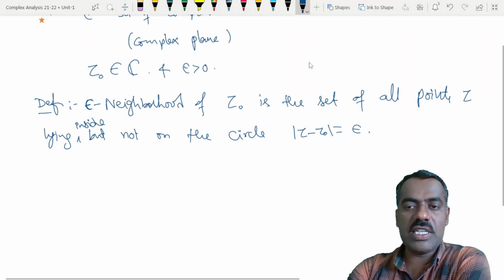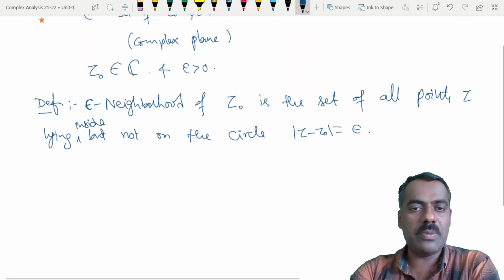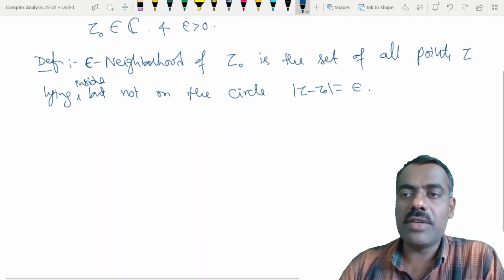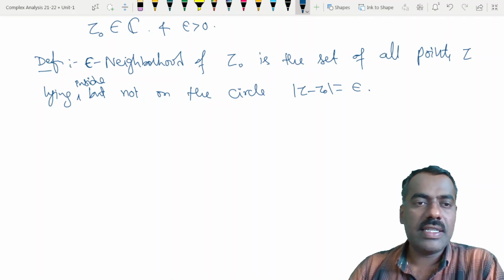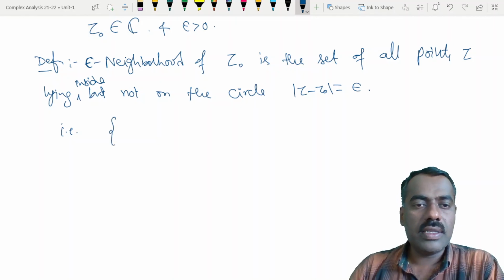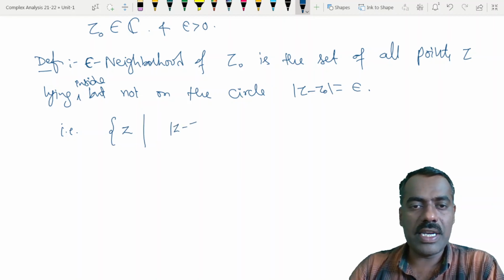Is this definition clear? What we are saying is, what is meant by an epsilon neighborhood of z naught? It is the set of all points z that lie inside the circle but should not be on the circle. That is the same as the set of z which satisfies mod z minus z naught is strictly less than epsilon.